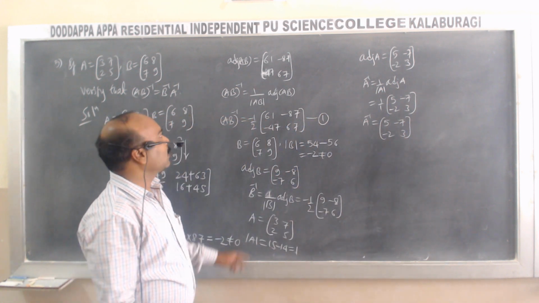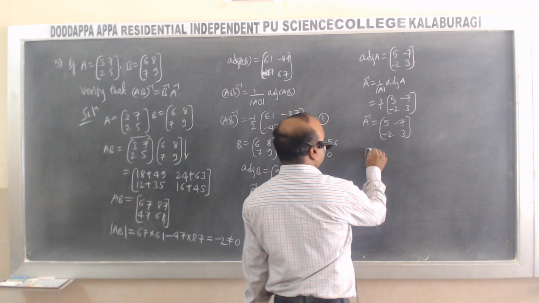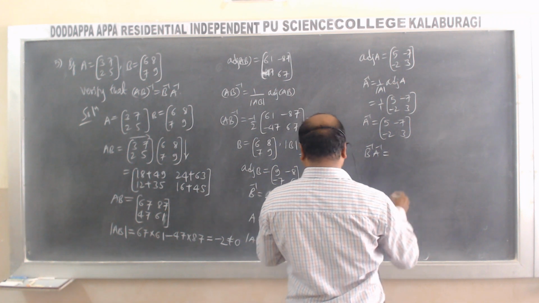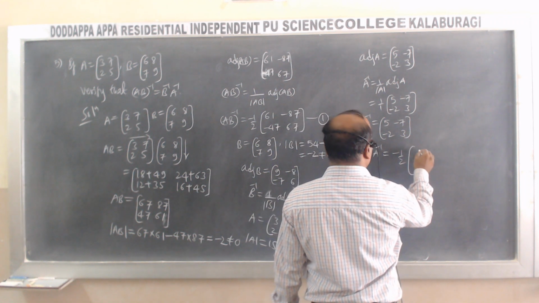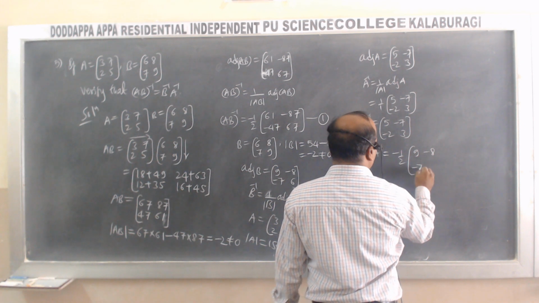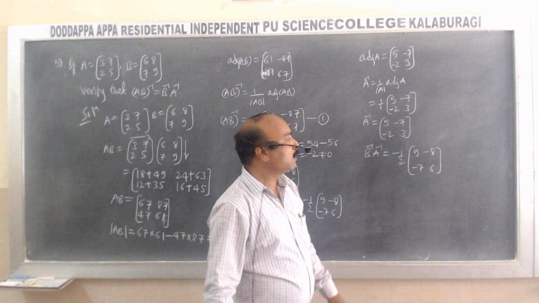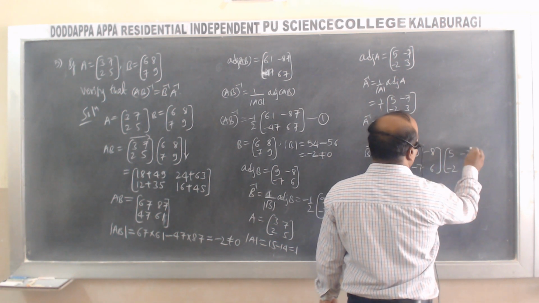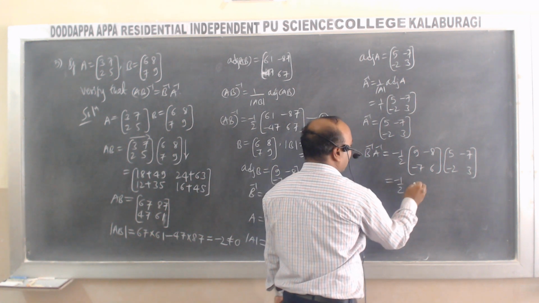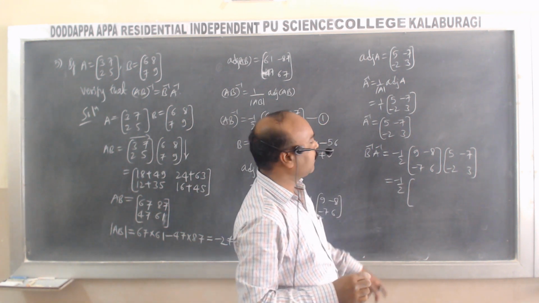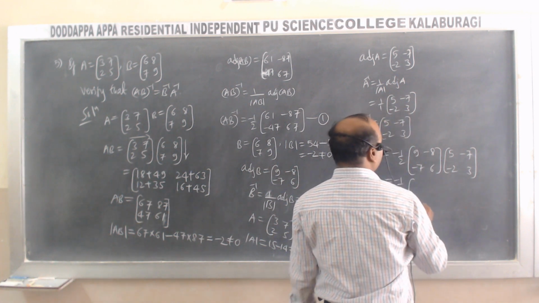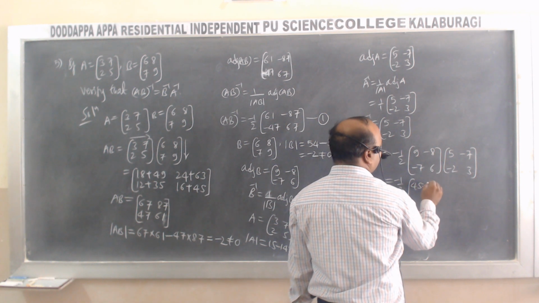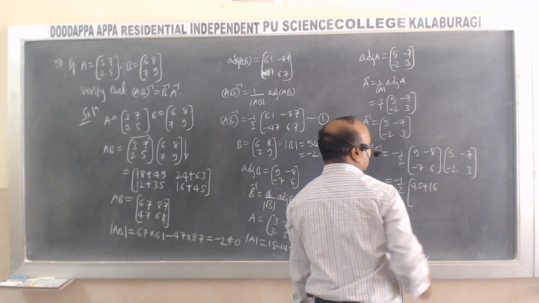Next we go for the product B inverse into A inverse. B inverse we got already, it is minus 1 by 2 into [9 minus 8; minus 7 6] into A inverse, which is [5 minus 7; minus 2 3]. Now we simplify, minus 1 by 2 outside, only multiply the elements. 9 into 5, 45, minus into minus plus, 8 2s are 16.